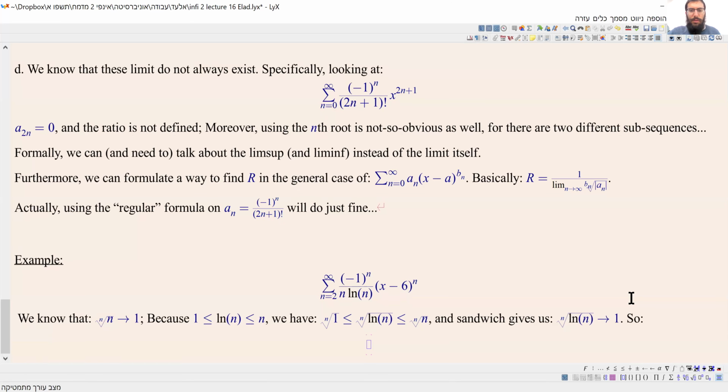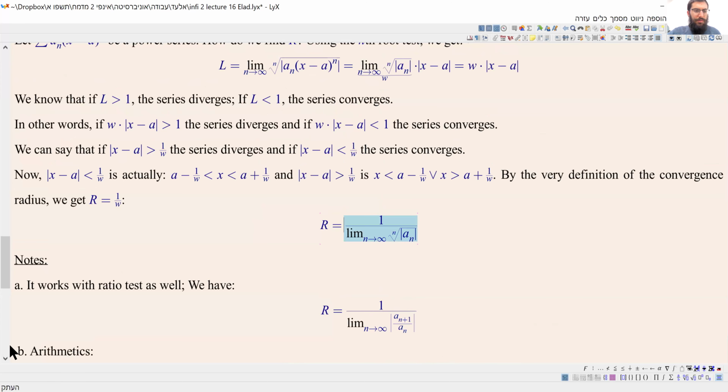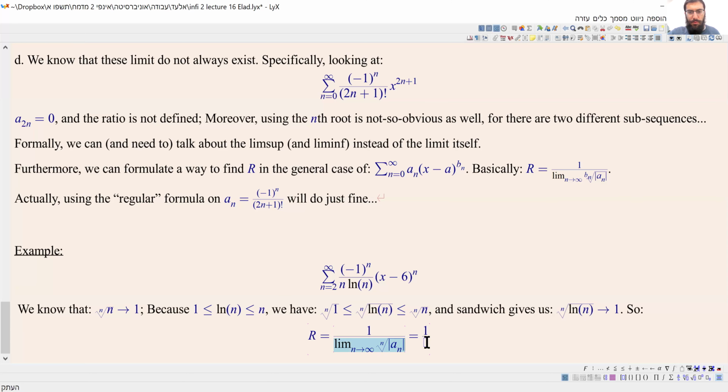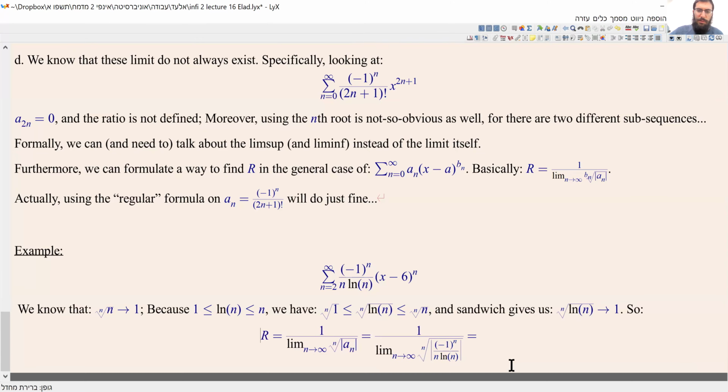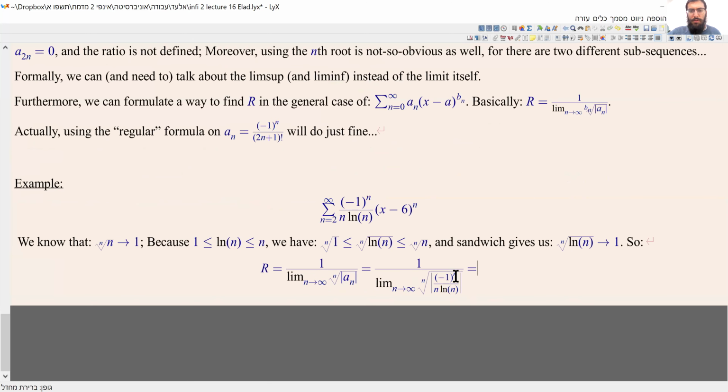So calculating R, which is 1 above the limit of the nth root of the coefficient an, is 1 above the limit of the nth root of the absolute value of our coefficient of this expression. What does the absolute value do? It cancels the minus 1 to the power of n.